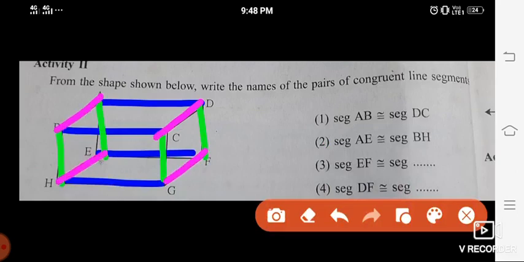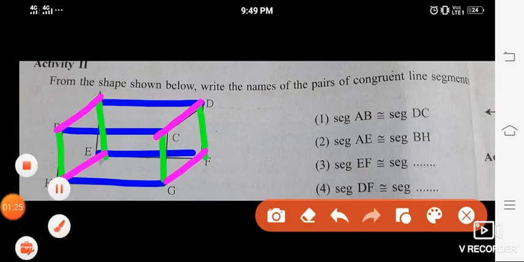So according to color, same color are having same length. In this way you will complete this activity in your book. And same thing in practical, if you take a box, this way only you will get the congruent edges on that box.